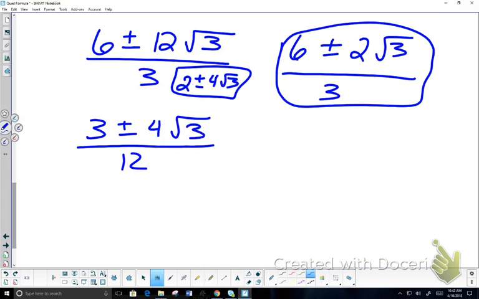Let's see. If I were to say, 3 over 12 is what? It's 1/4, right? And 4 over 12 is, so it doesn't work.